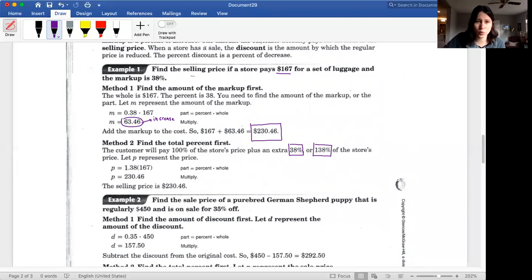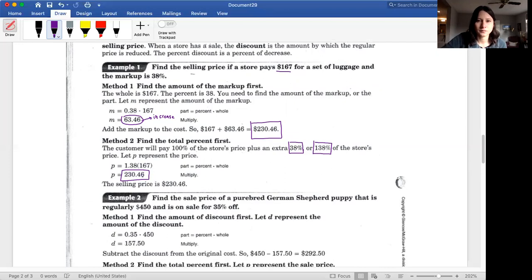So then you can just do 1.38 times 167 to get the total amount. But when you do it this way, you don't actually see the amount of profit the store is making when they sell this. So all we see is the final price of what they sell.